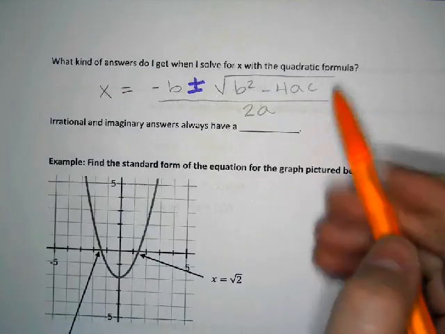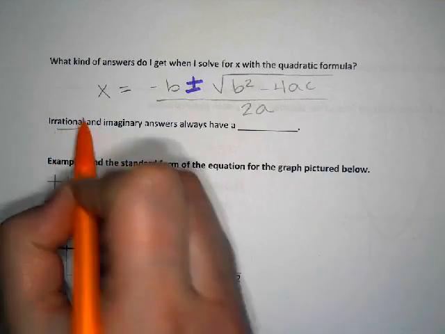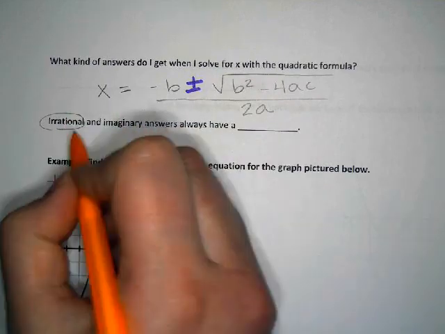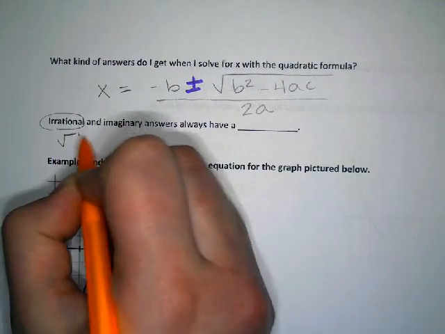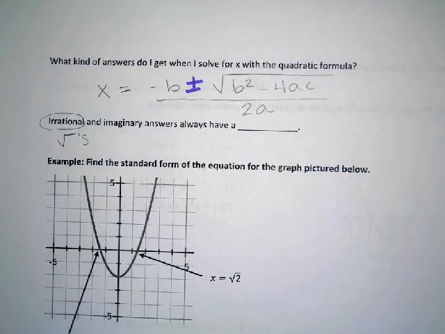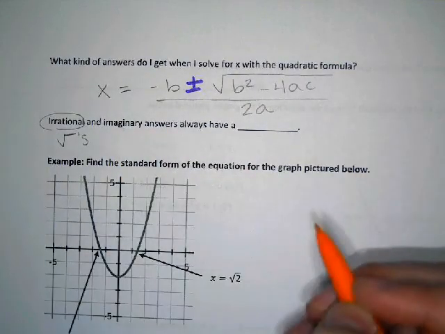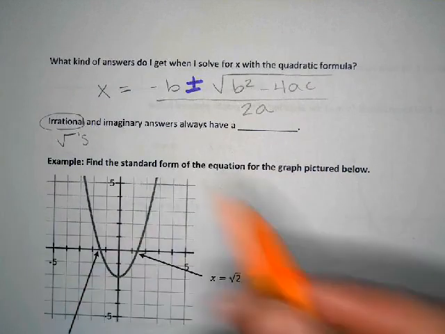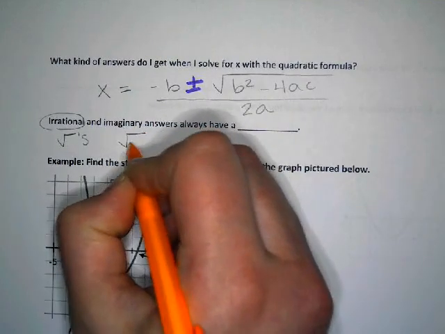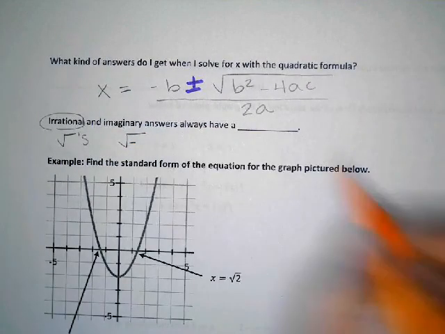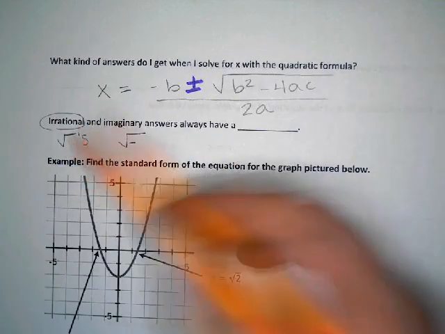We get irrational answers. These are answers with square roots in them, which means that they give us funky decimal answers. We also get imaginary answers, which are answers where we have square rooted a negative number. So irrational answers are numbers that have been square rooted, and then imaginary answers.